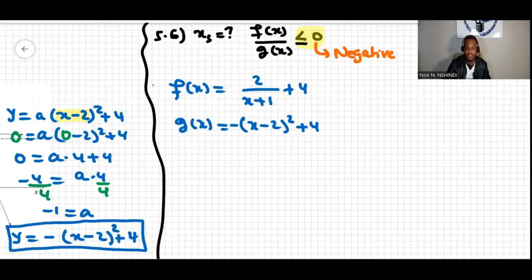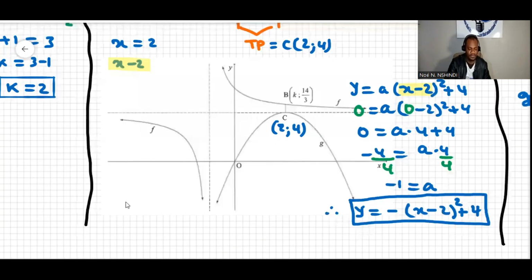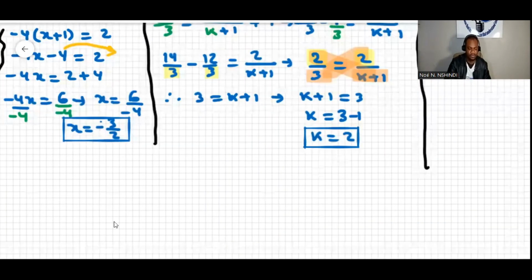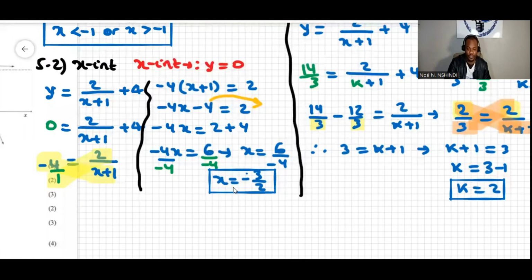It's when it is the critical values. The critical values are when we set f of x equal to 0. Now we did it in the previous questions. I remember when we were doing the intercept, when we made it equal to 0, we got x is equal to -3 over 2.